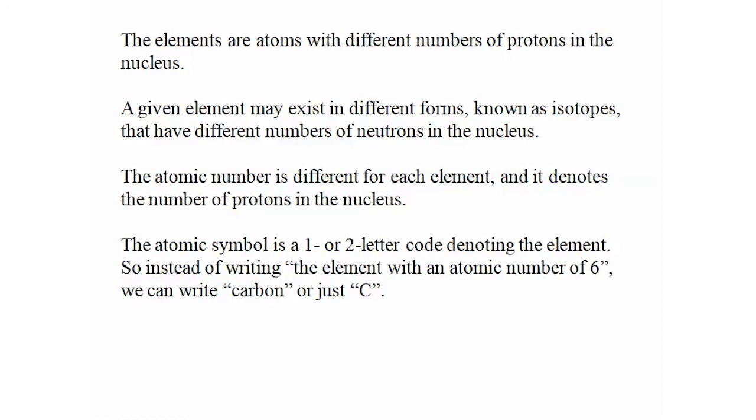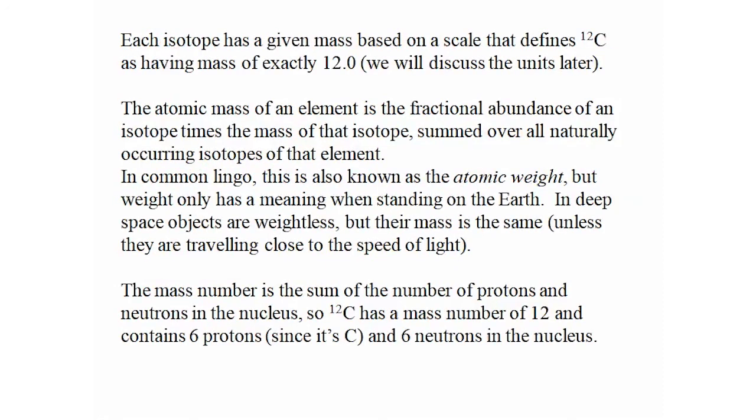The atomic symbol is a 1 or 2 letter code denoting the element, so instead of writing the element with atomic number of 6, we can write carbon or just capital C. Each isotope has a given mass based on a scale that defines carbon-12 as having a mass of exactly 12.0. We will discuss the units later.